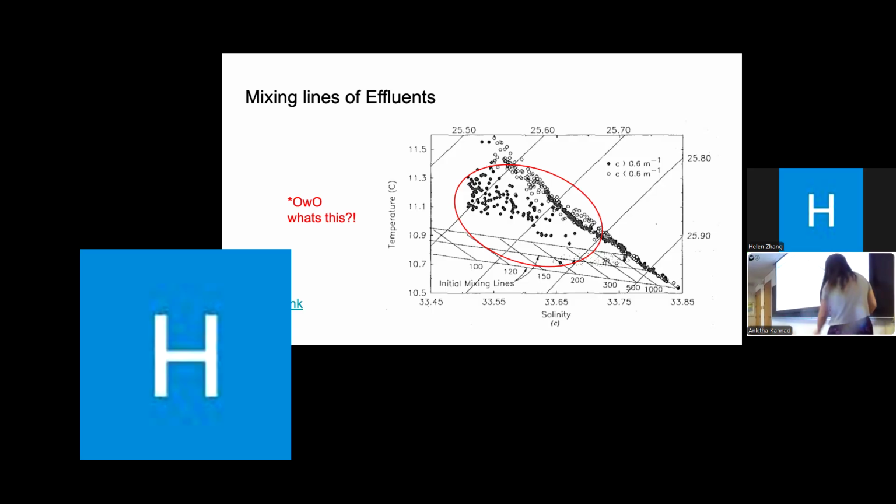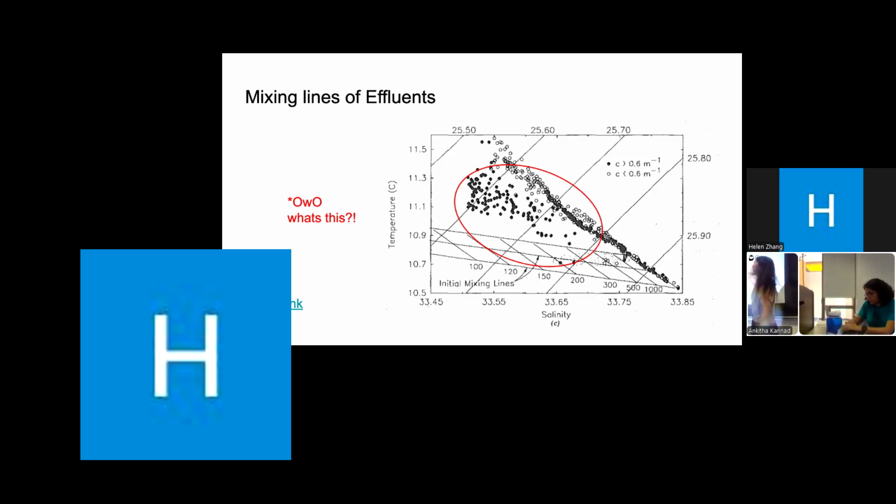Anyway, back to mixing. Here, these are the initial mixing lines, and they just look like they're coming from nowhere, because remember, the other point of this line is all mixed together. And then if you color these points on a TS diagram by CDOM in this case, you can see that in general there is a line.